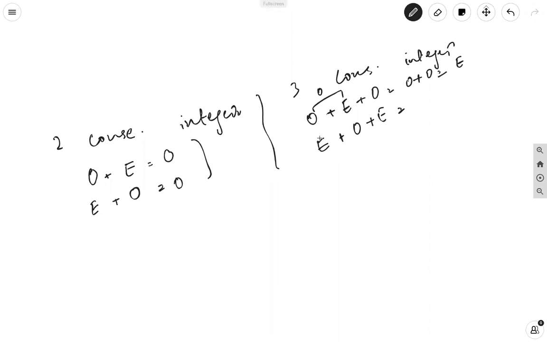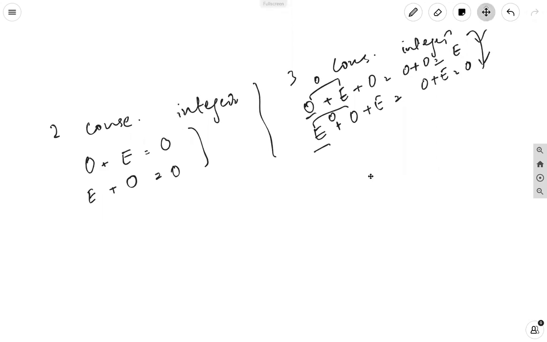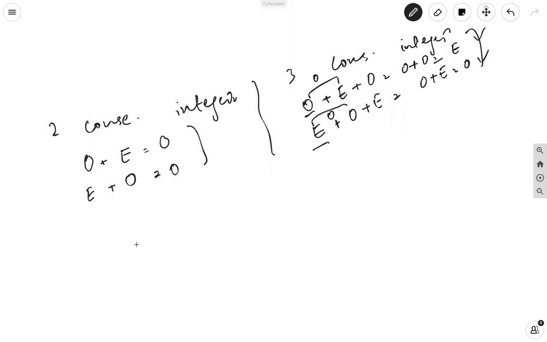In the other case, even plus odd is odd and odd plus even is odd. So if we are having 3 consecutive integers, and if we add those, the result could be even and the result could be odd, depending upon what is the first integer in that series. Either that is even or that is odd, right? If the first one is even, then the answer would be odd. If the first one is odd, then the answer would be even.